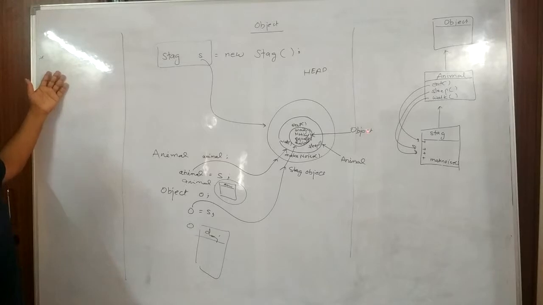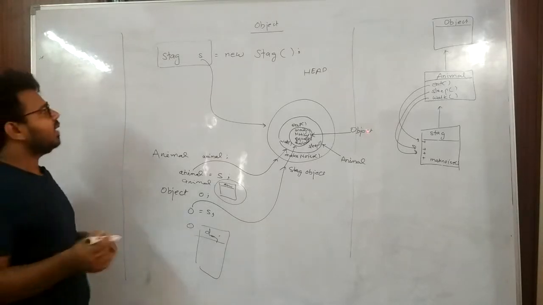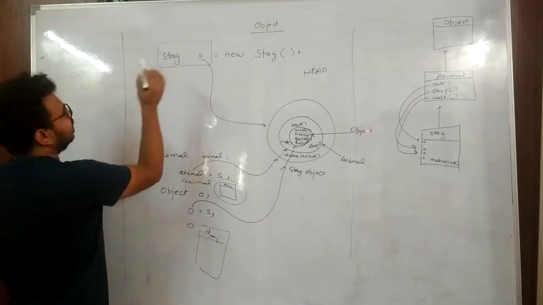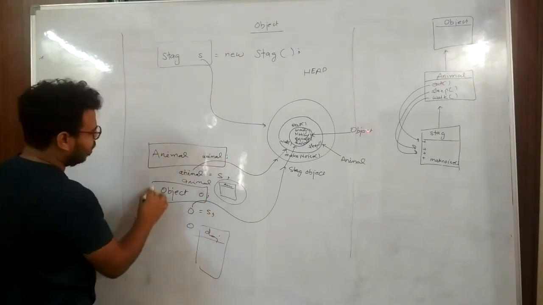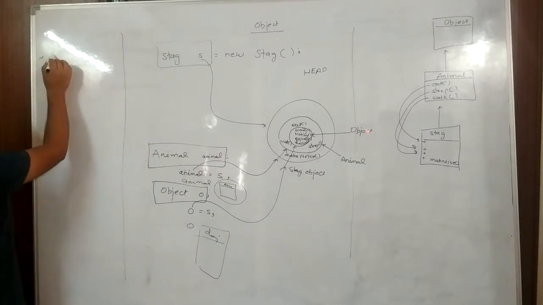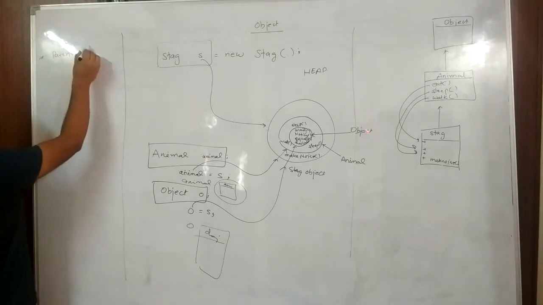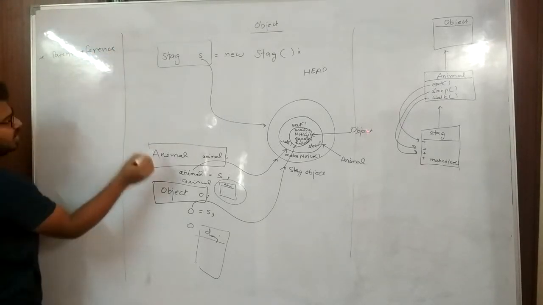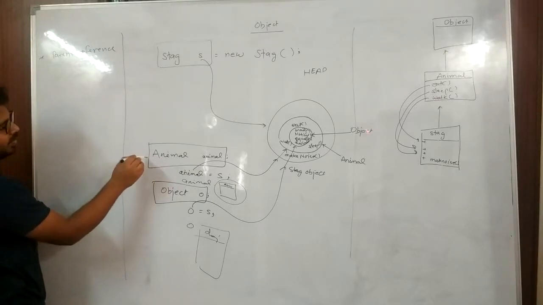So let me write here the important conclusion. Here it is an animal reference and here we have an object reference. So with parent references, in case of animal, stack is the child and animal is the parent of stack.